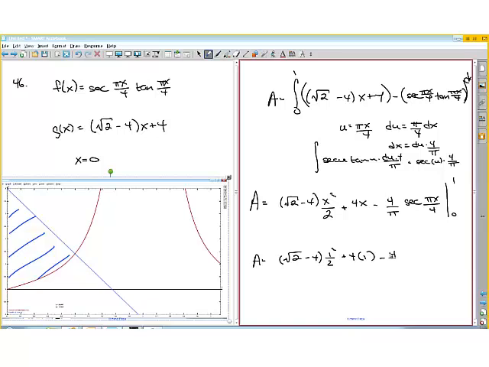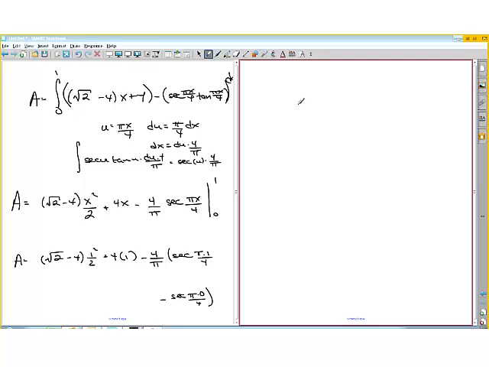And then we get minus 4 over pi times the secant of pi times 1 divided by 4, and then we subtract at the lower limit the secant of pi times 0 divided by 4. Okay, so now we just have to work everything out.